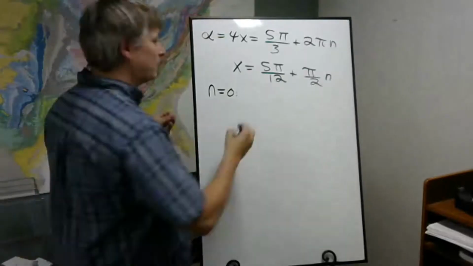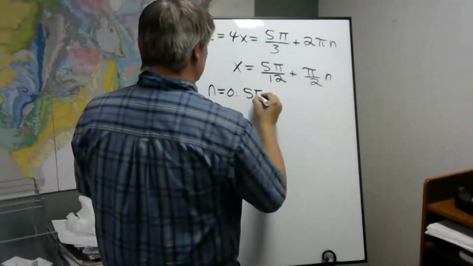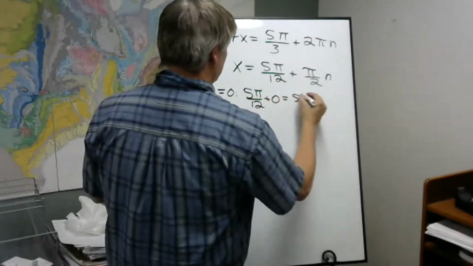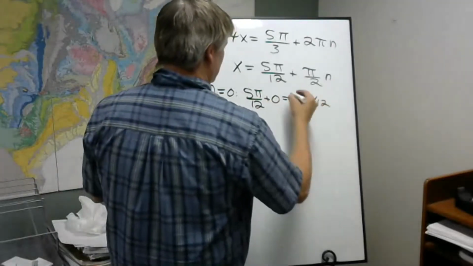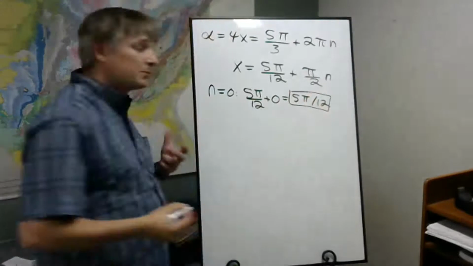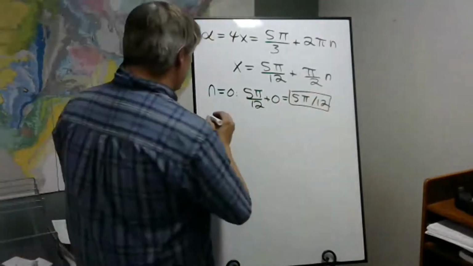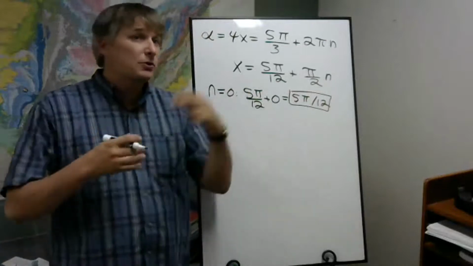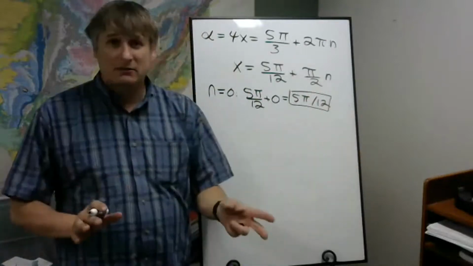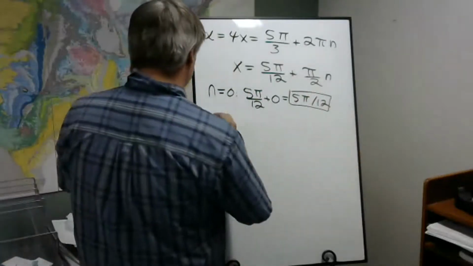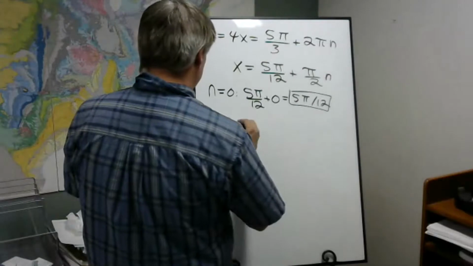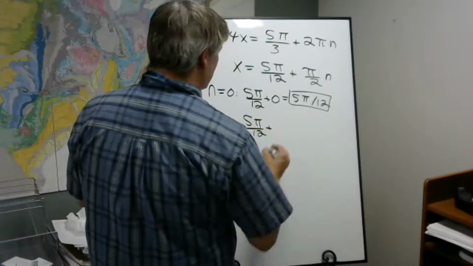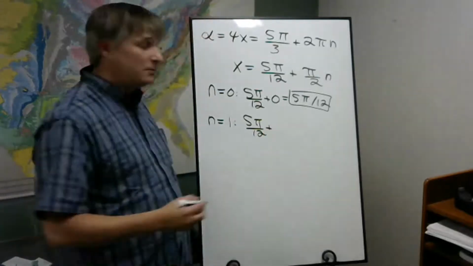So if we let n be 0, well, of course, we get 5 pi over 12. And again, we're choosing positive n's because our angles are from 0 to 2 pi, so no negative angles. So when n is 1, we have pi over 2.